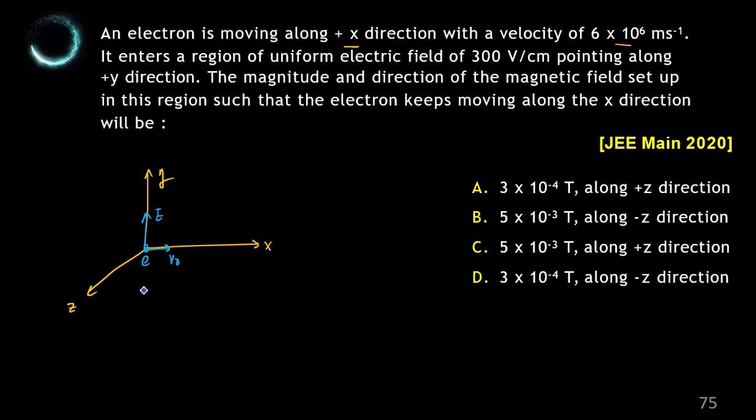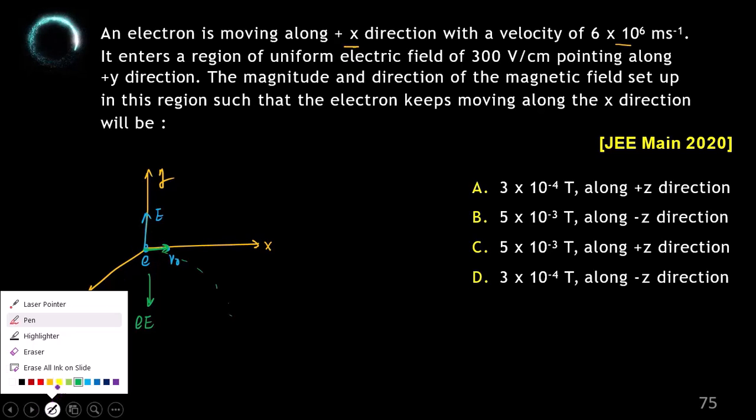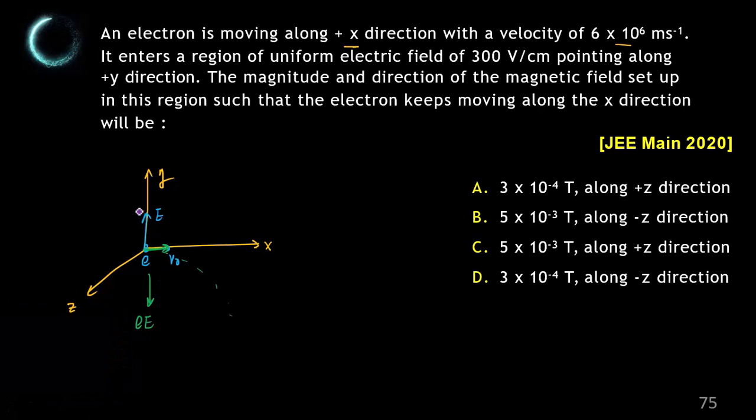So there is a force on the electron, e into capital E. If I allow this force to be there, the particle will bend in the downward direction. But you are asked to make the particle move along the same positive direction. That means there must be another force acting upward. That upward force should be the magnetic force, Fm.